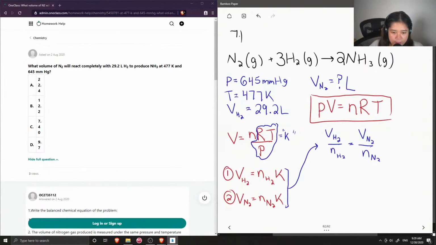Okay, so let's make it so that our number of moles are on the same side.